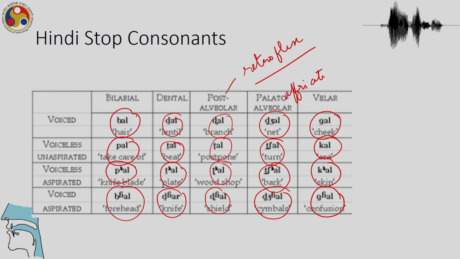This inventory is different from English primarily because Hindi has a contrast between voiceless unaspirated and voiceless aspirated, whereas in English this is allophonic. There is no contrast between the voiceless unaspirated and the voiceless aspirated. So that is a contrast which is there in Hindi, which is absent in English. The other contrasts which are absent in English are the dental sounds. Instead, in English we have alveolar.